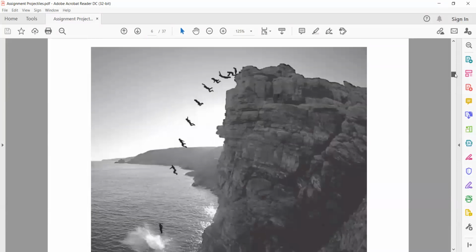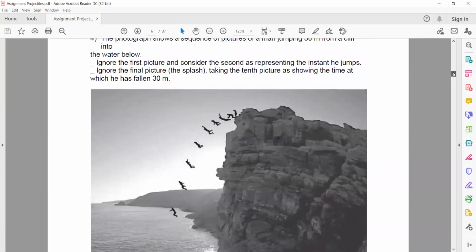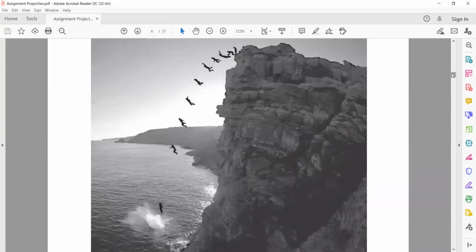So basically the actual size is 30 meter for the vertical distance from the second picture to the 10th picture. But what we do, using a ruler, we measure the figure size. This is the actual size, and we'll measure the figure size using a ruler, the scale.